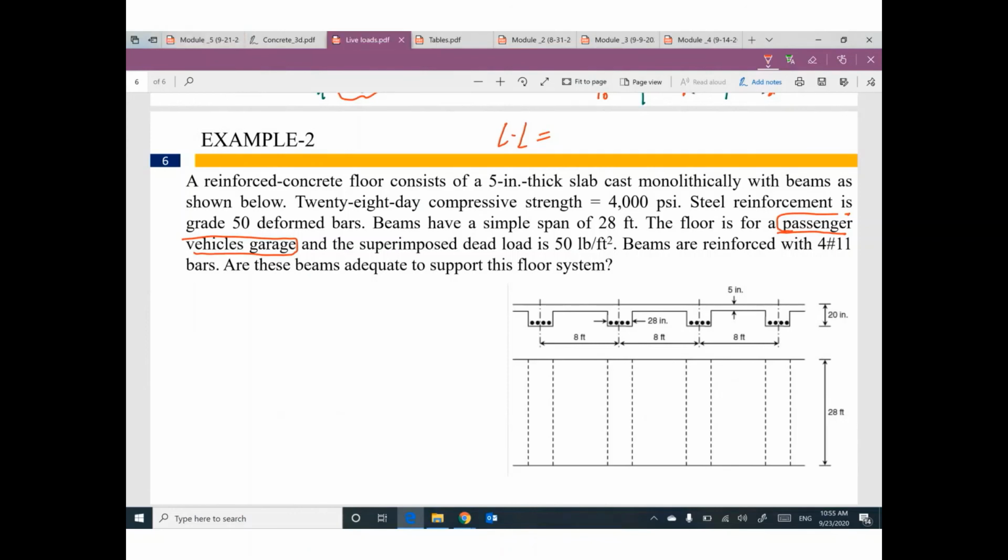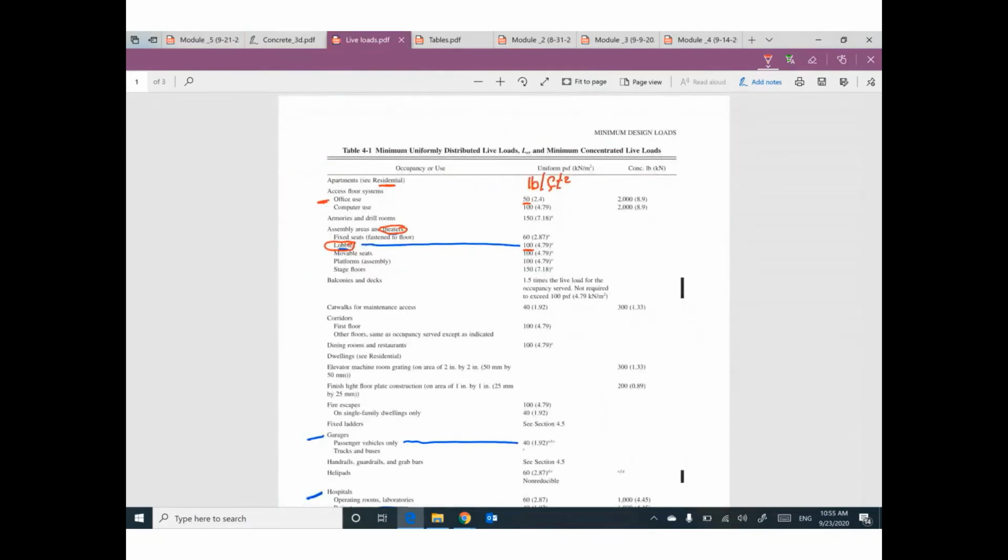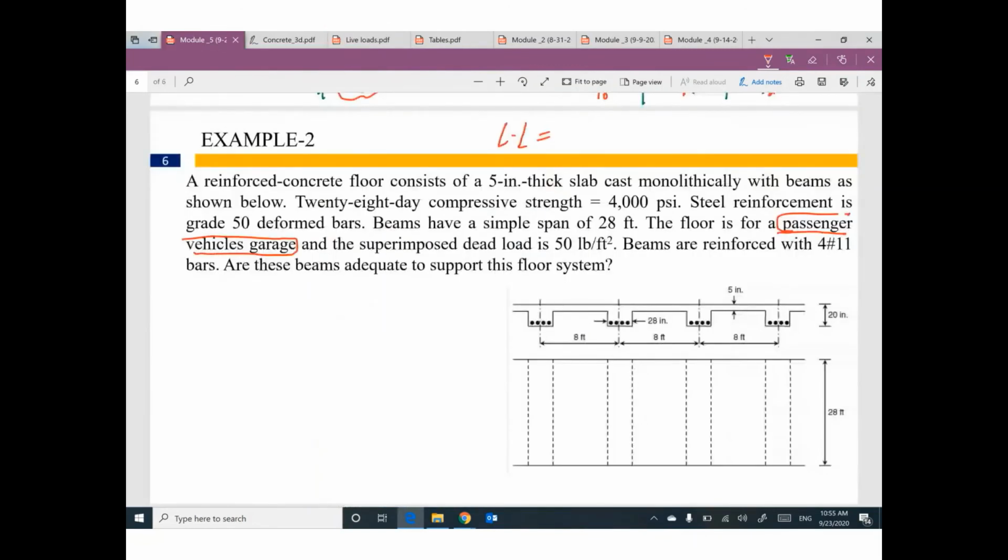If you are talking about a garage for passenger cars, your live load will be 40. The slab thickness is 5. Area of steel is given, superimposed dead load is given, and the area of steel is 4 bars, number 11. And the same question: are these beams adequate to support this floor system?